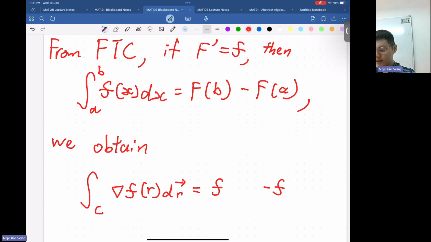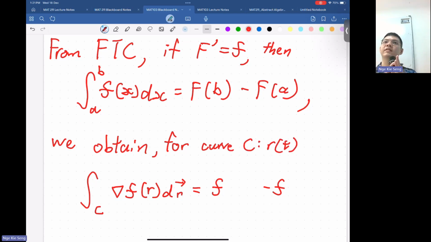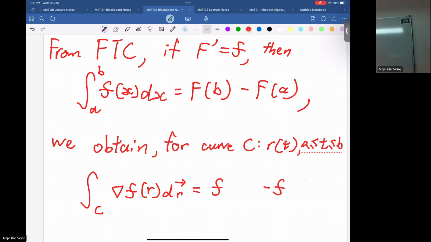Okay. So we parameterize our curve C using r(t), and then this curve is definite. So there's a time there. Time going from where to where? A to B. So how do A and B play a role here? F evaluated at what point?